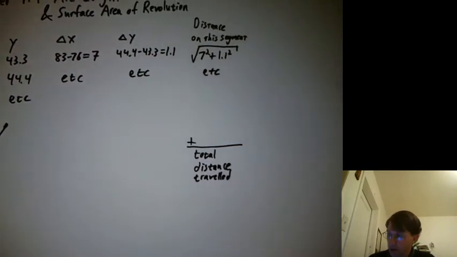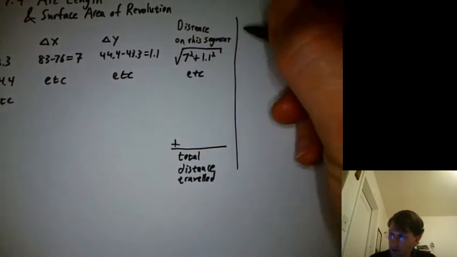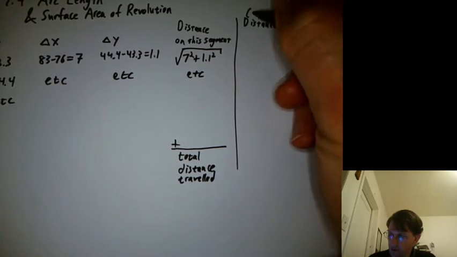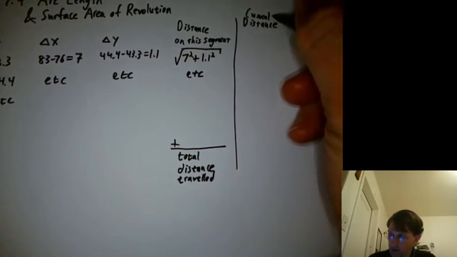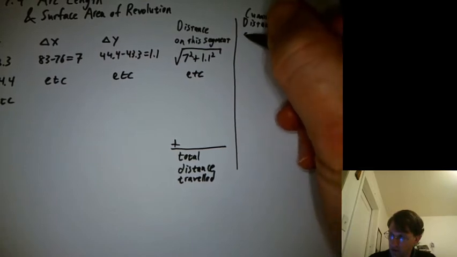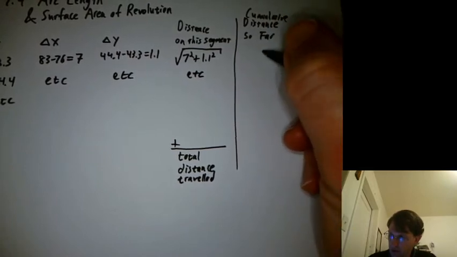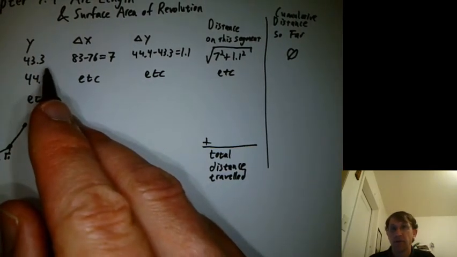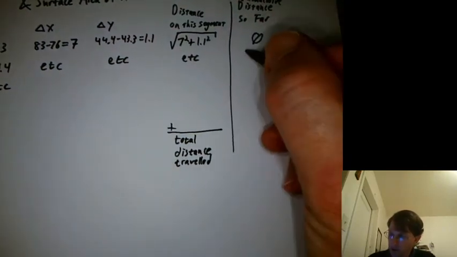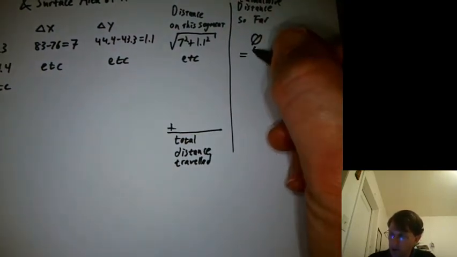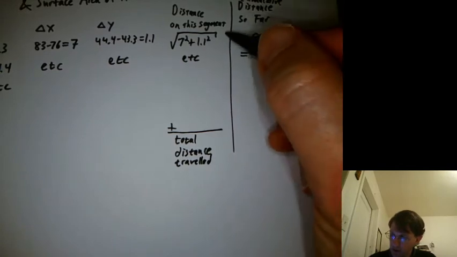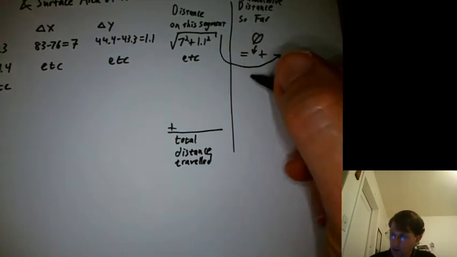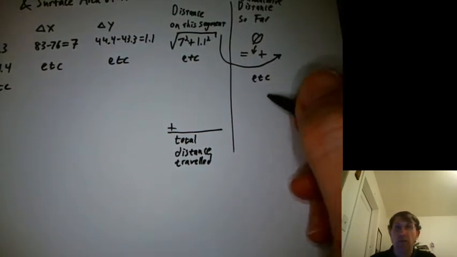A more interesting way is to have another column that's distance so far. You could say cumulative distance so far. On the first row, I would put a 0. When you're at this first point, how far have you flown ever since that first point? 0 distance. And then on the next row, you could say, take the previous row plus whatever distance we just flew from the first row to the next row, and then repeat that progressive summation.